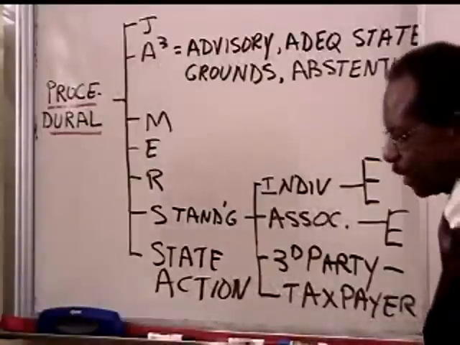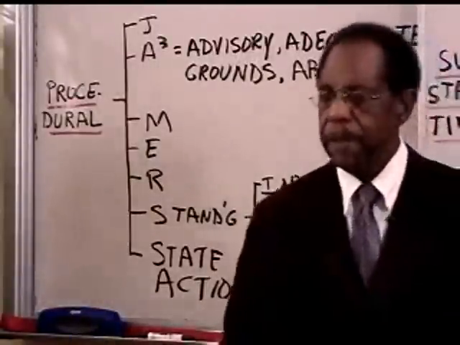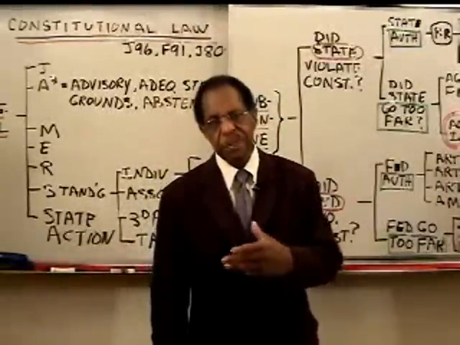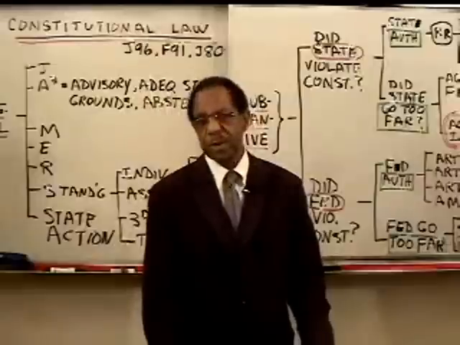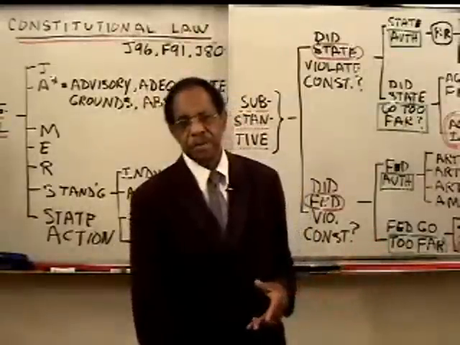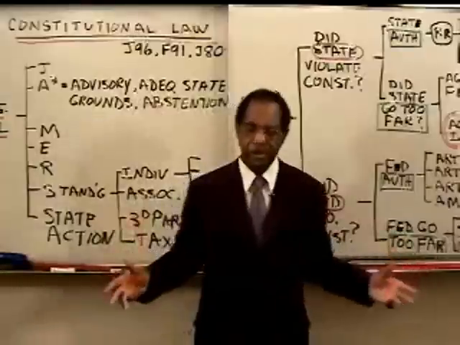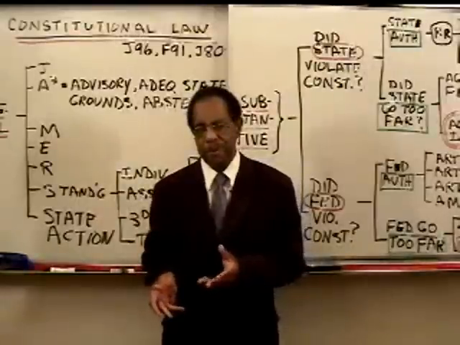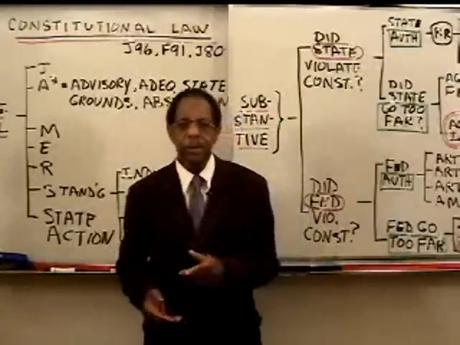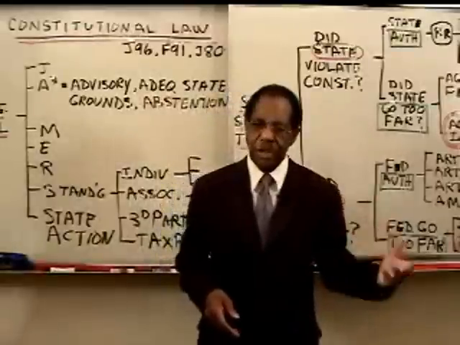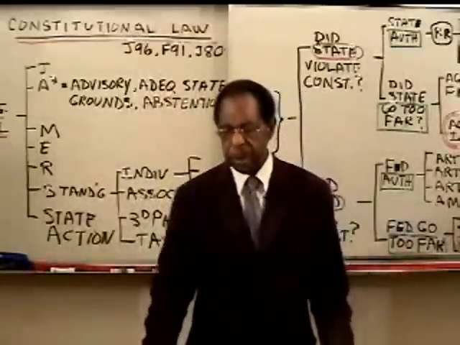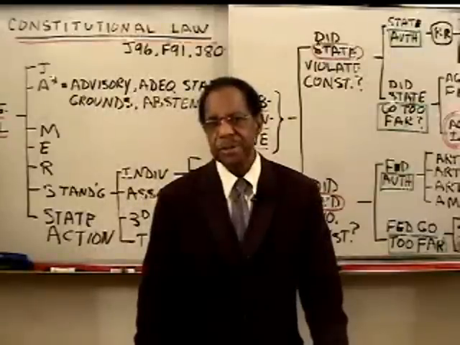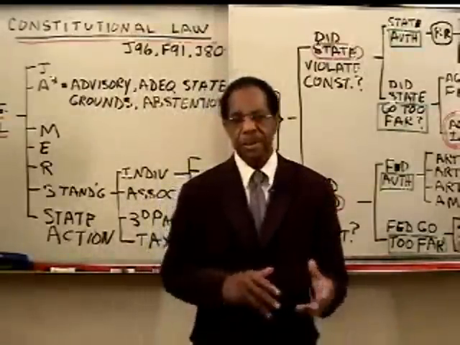And finally, state action, that obviously if you're suing the government, it needs to be the government who did whatever it is you're saying that's bad. This means that the person who did something bad can be an individual who is an employee of the government, for example, a public school teacher, a police officer, a judge, or if you're claiming that a statute is unconstitutional, the legislature passed the statute, that's certainly state action.